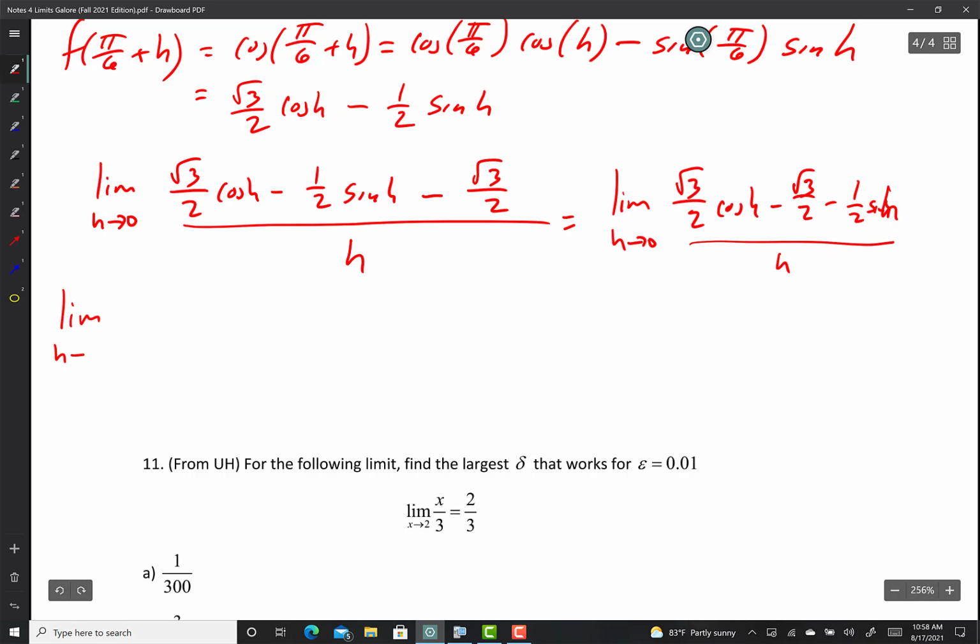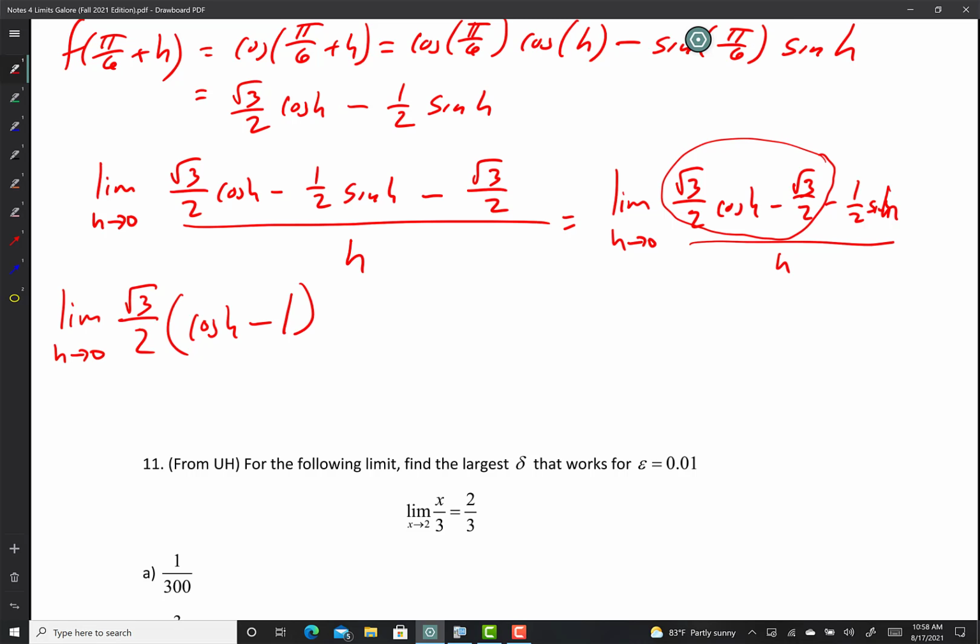The limit as h approaches 0 on these two terms here. I'm going to factor out a square root of 3 over 2, and you're going to have cosine h minus 1 over h.